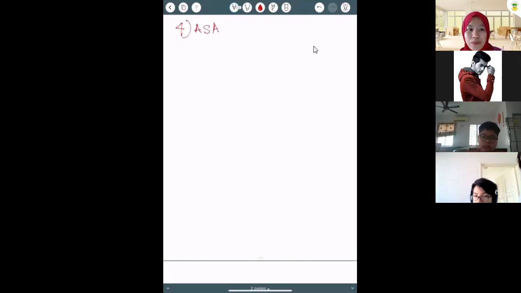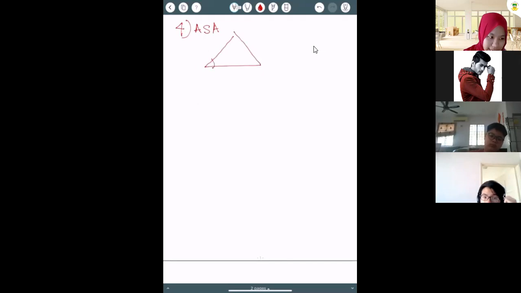Okay, the fourth one, when you have a triangle with angle, side, angle: 60 degrees, 10 cm and 40 degrees. And another triangle like this, 60 degrees and then 40 degrees and then 10 cm.